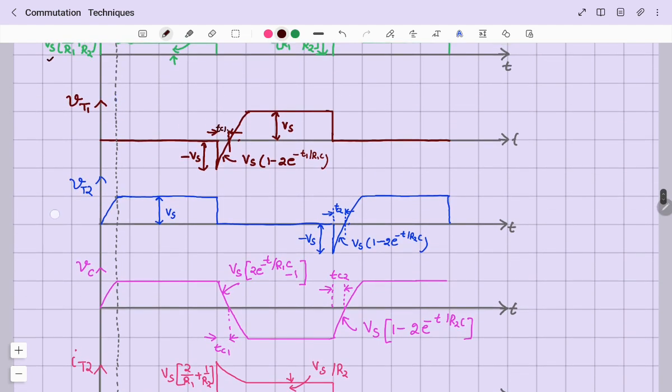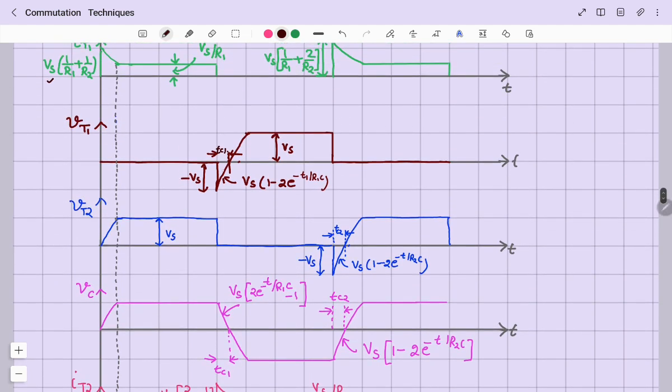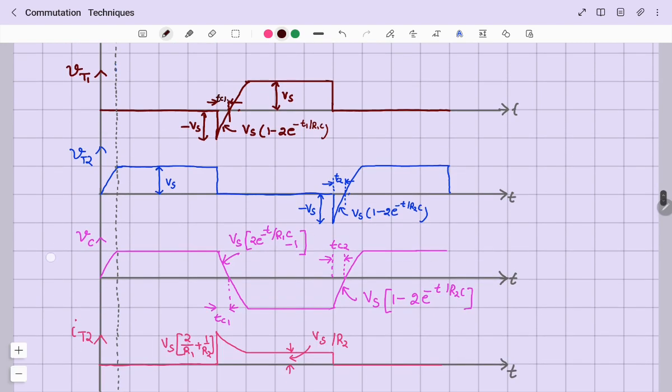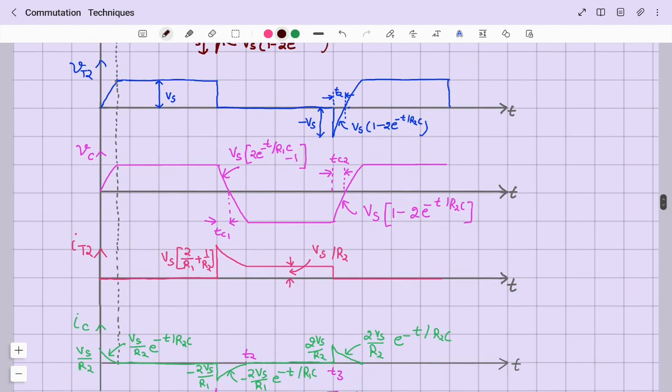You can notice thyristor T1 is in reverse bias for the duration of Tc1. That means the capacitor voltage Vc is changing from minus Vs to zero.